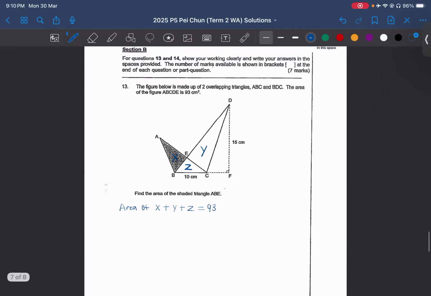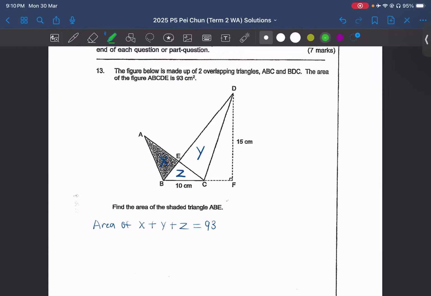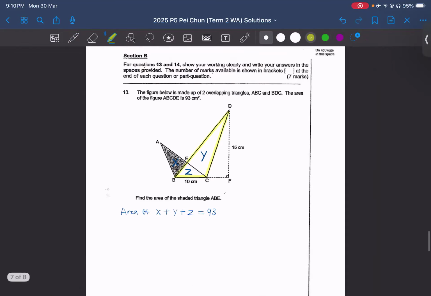So in this case, part Y plus Z actually forms a triangle here. So I'm going to highlight this triangle. You realize that the base of the triangle is this BC portion, and the height of the triangle will be this DF portion.